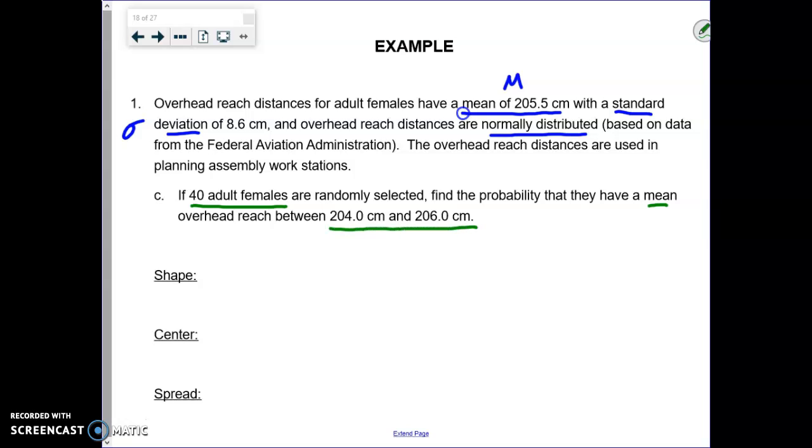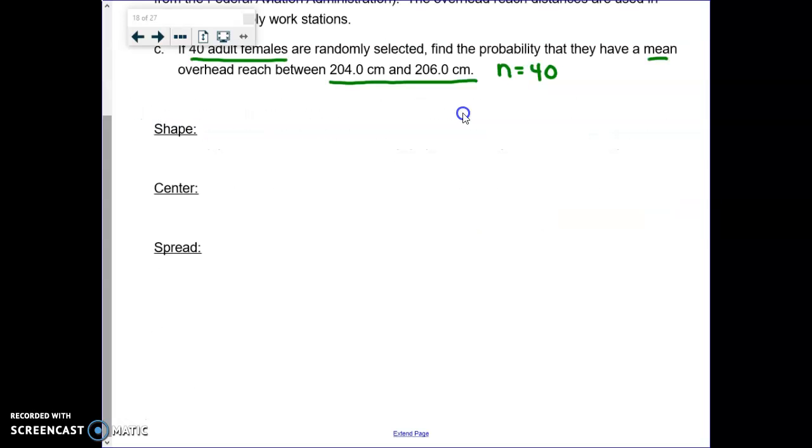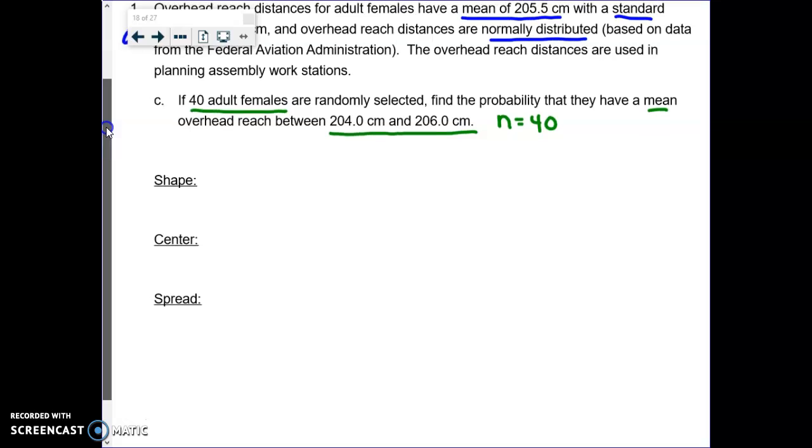So now, n is equal to 40 this time. And we're going to look at the shape, center, and spread of the sampling distribution with respect to a sample of 40 females. So, I'm going to extend the page here. Shape, again, should be normal. But this time it's normal for two reasons.